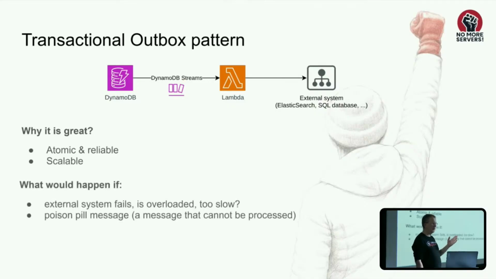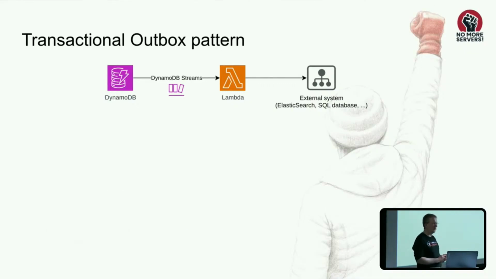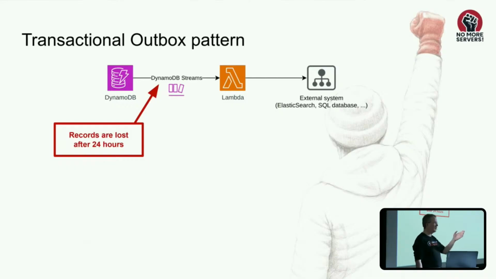But what happens if the external system fails? Or there is a poison pill message, meaning a message that cannot be processed. Well, obviously, DynamoDB stream will retry. But for how long? Well, for up to 24 hours. Then the data is gone.